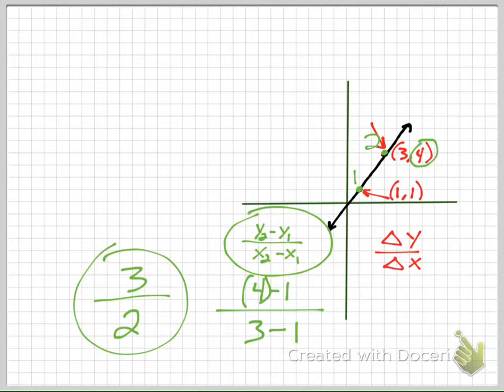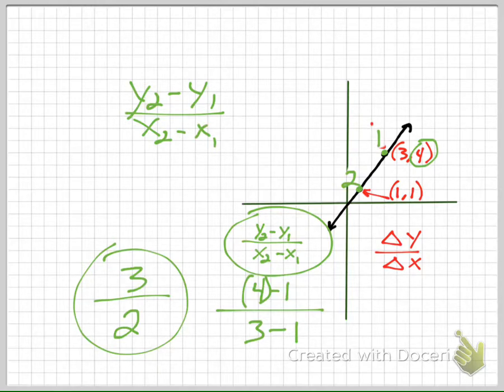Let's switch this around. You know what I'm going to do that's going to really throw a loop into things? I'm going to make this be point 2 now, and this be point 1. Okay? We're going to switch the points. Let's try it again. It goes y2 minus y1 over x2 minus x1. What is y2 now?